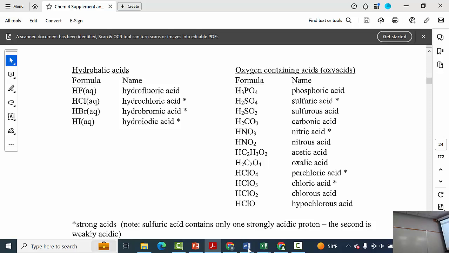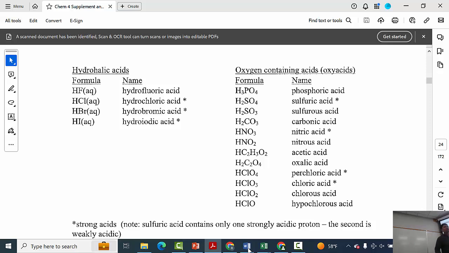It's because the ate ending becomes ic; the hydro only goes with the ides. And it doesn't matter if it's monatomic or polyatomic. So for example, HCN is cyanide, and so it would be changed to hydrocyanic acid. So HCN is called hydrocyanic acid.